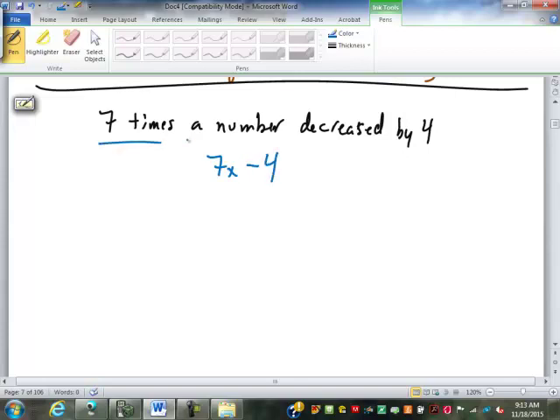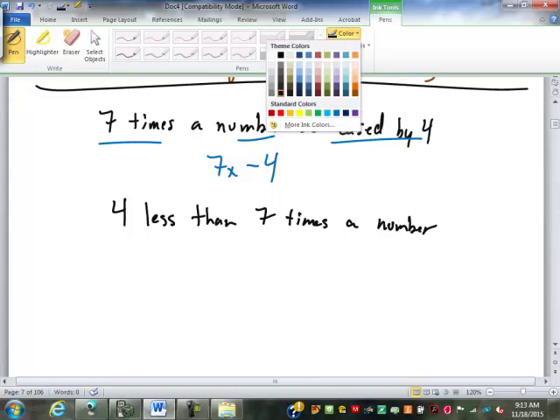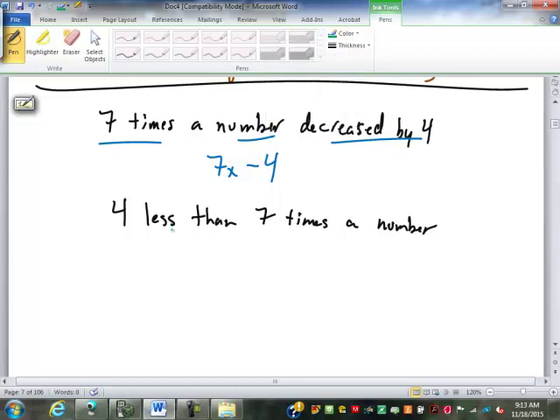You got it. 7 times the number, 7x, decreased by 4, subtract 4. How about 4 less than 7 times the number? What's that going to look like? Well, 4 less than means you're subtracting 4 from something. You're subtracting it from 7 times the number, 7x. It's the exact same thing.